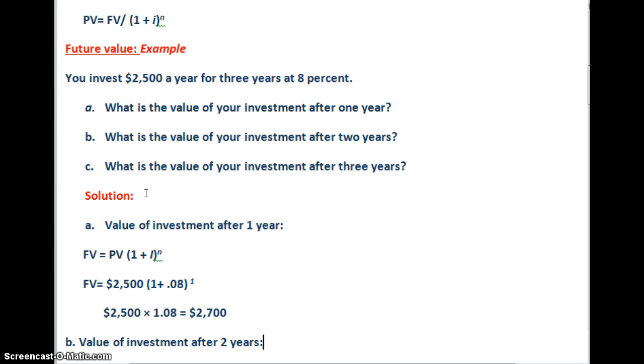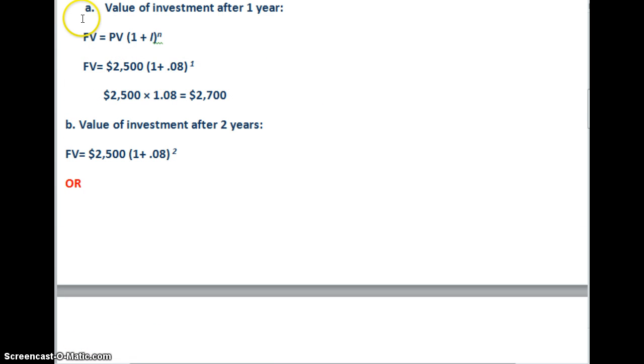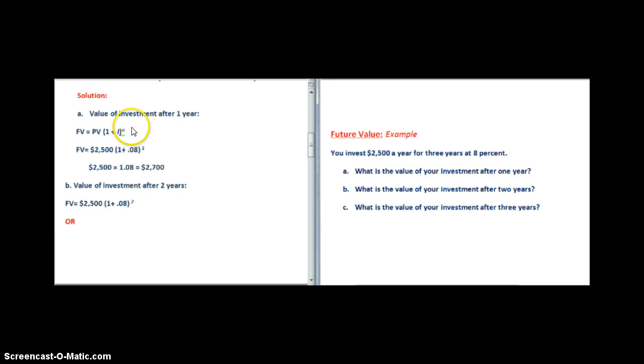To solve this example, you will first go to the A part of the question, which is to calculate the value of the investment after 1 year. You will write down the formula first, which is future value is equal to present value multiplied by 1 plus the interest rate to the power n. For the present value, you will substitute the amount of investment, which is $2,500, multiplied by 1 plus the interest rate.